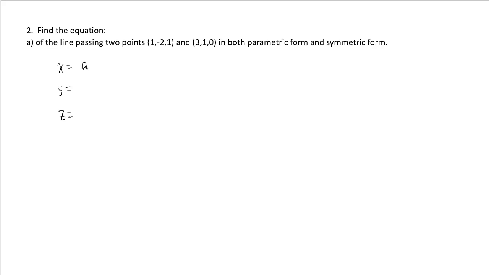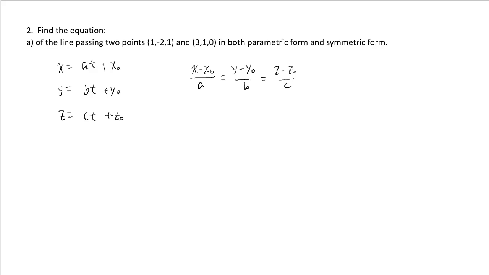There are two things: the parametric form and the other one is the symmetric form, which is (x minus x0) over a, (y minus y0) over b, equals (z minus z0) over c.